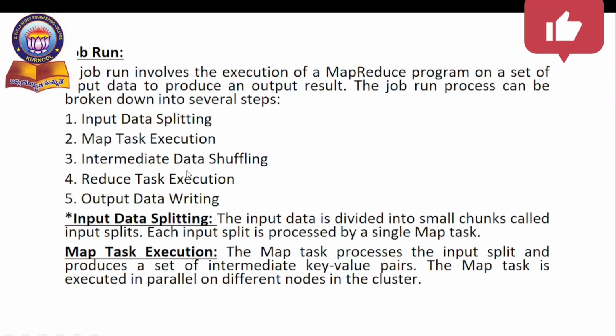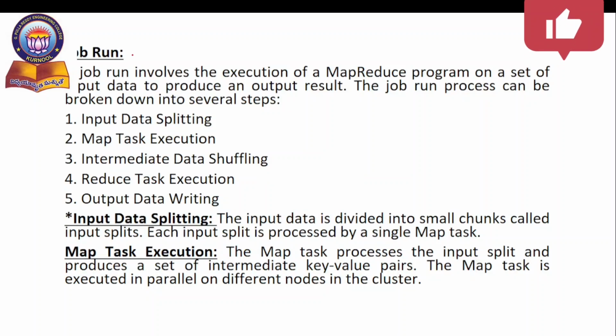Now, there are some intermediate jobs that run in the MapReduce task. Now we will see them one by one. First one is the job run. A job run involves the execution of a MapReduce program on a set of input data to produce an output result. The job run process can be broken down into several steps.